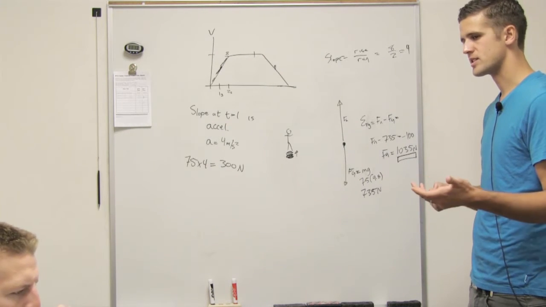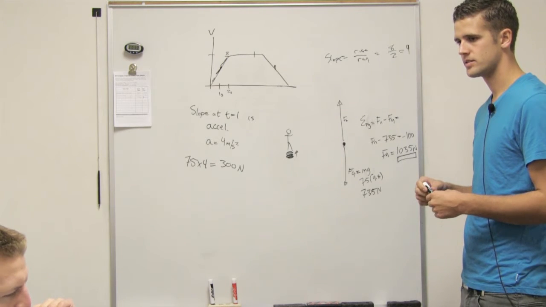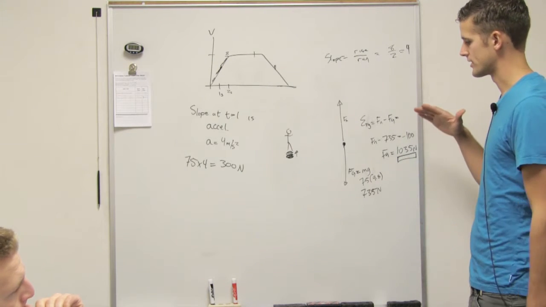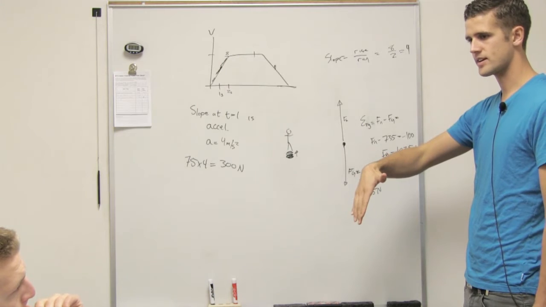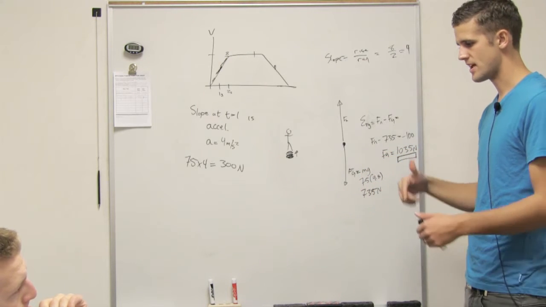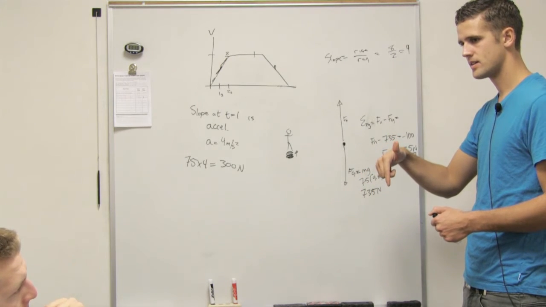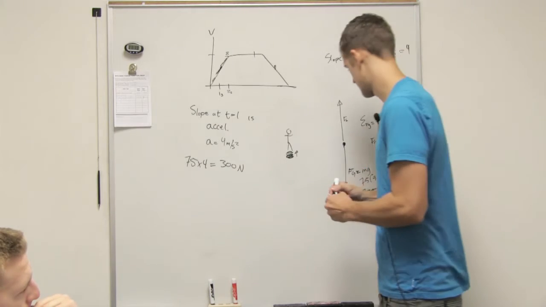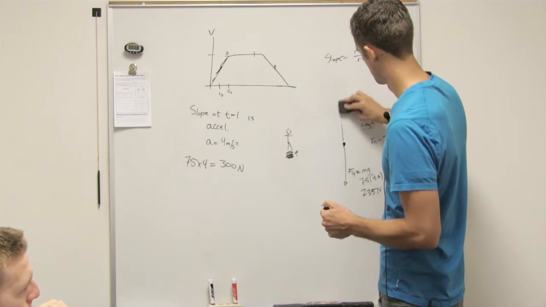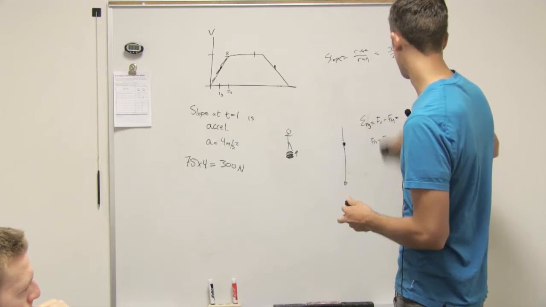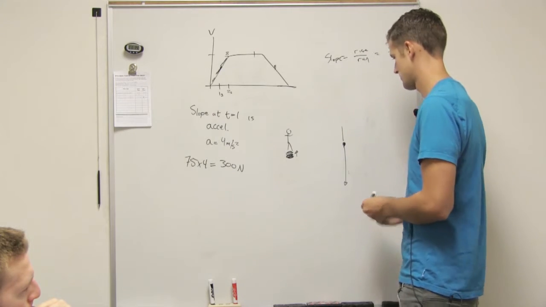The same thing happens on a roller coaster, you know. You start at the top and it starts accelerating down, so there's a net force going down. That means your free body diagram would start looking like this.